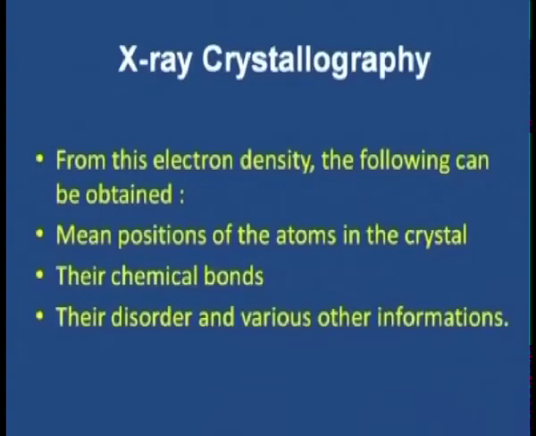Primarily, X-ray diffraction is used to study the arrangement of atoms. By arrangement of atoms, what I mean is, you would have studied in high school that a particular solid crystallizes in the face centered cubic structure, or another solid in the body centered cubic structure, or hexagonal structure, or diamond structure. These crystal structures and the interatomic distances, all these things can be obtained by X-ray diffraction.